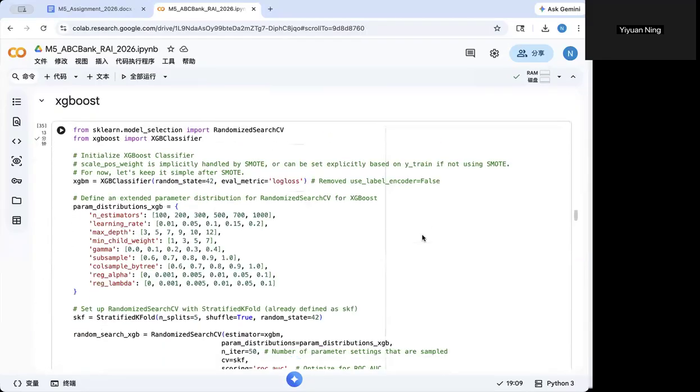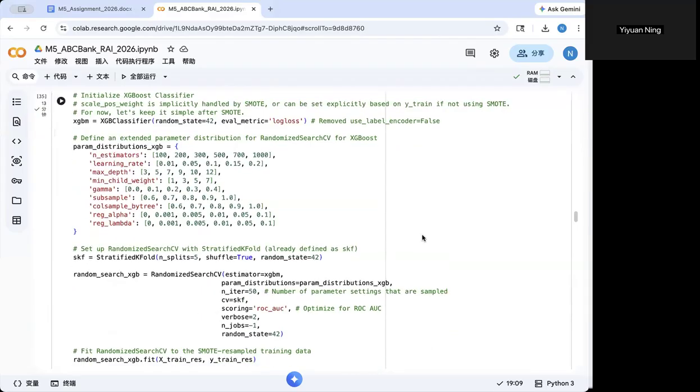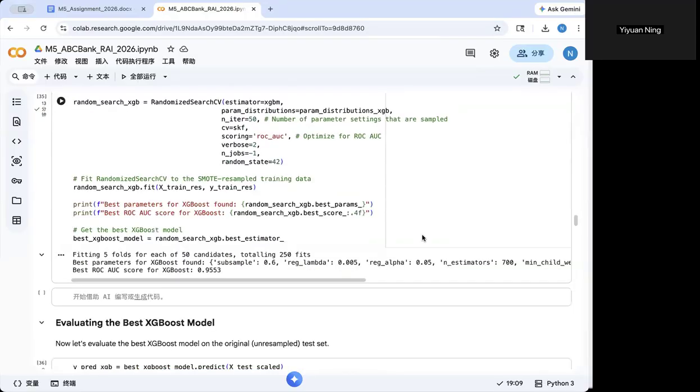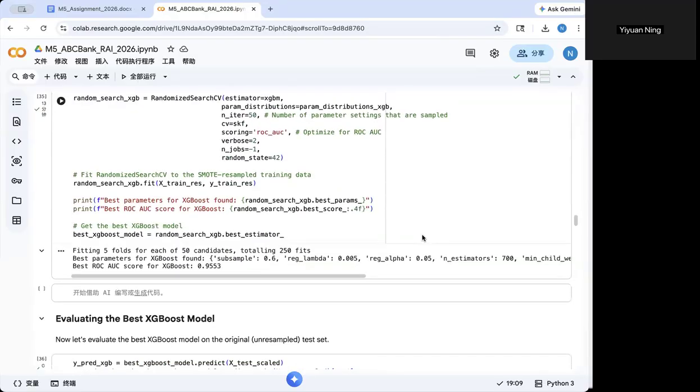The first model I built was the XGBoost model. I used random search CV to tune the hyperparameters and identify the best performing configuration. The best parameter set included a learning rate of 0.01, a maximum depth of 12, 700 estimators, and a subsample ratio of 0.6, among others.